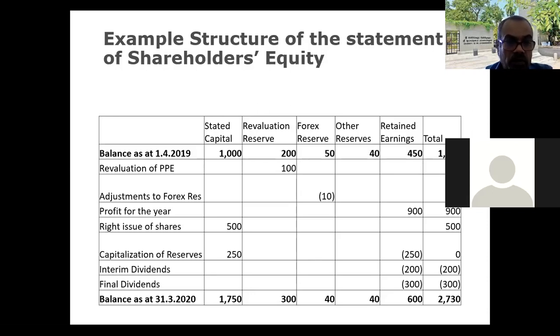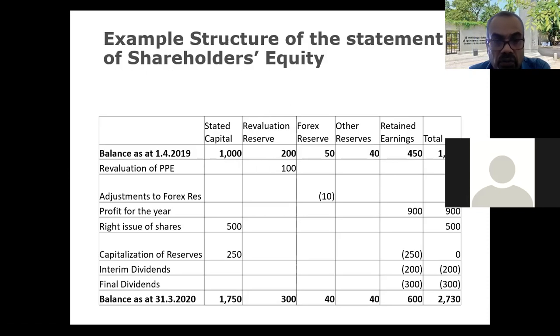Please note that this word, capitalization of reserves, has to be used with other terms as well.